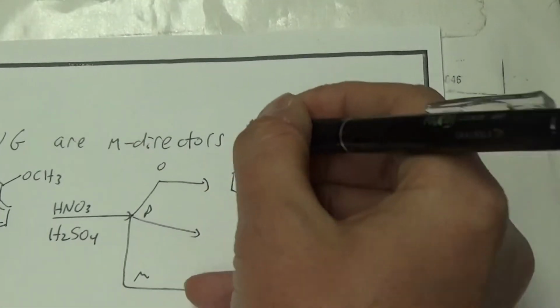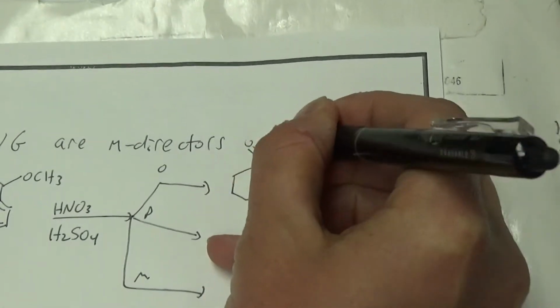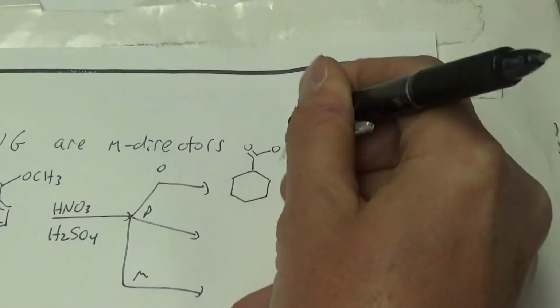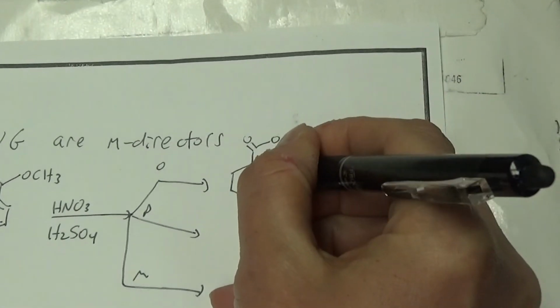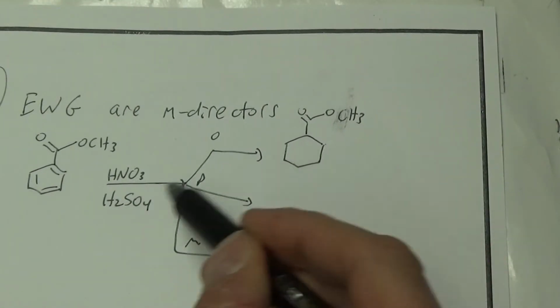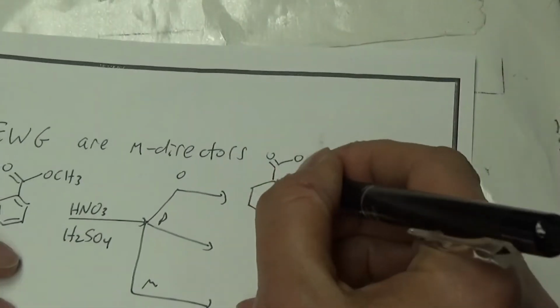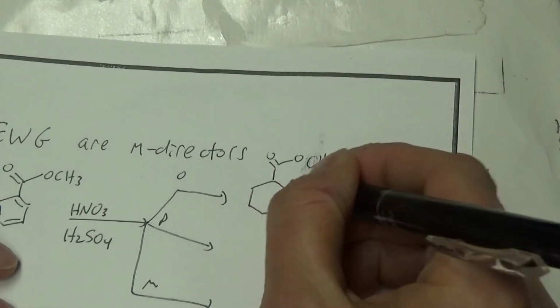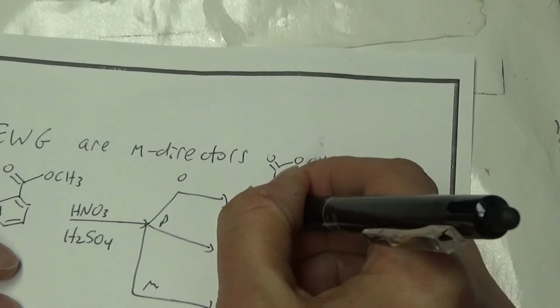I'm not going to show it all, because we've done this a few times now. What does this do? It attaches a what group? Remember nitration attaches a nitro group, NO2, plus charge.